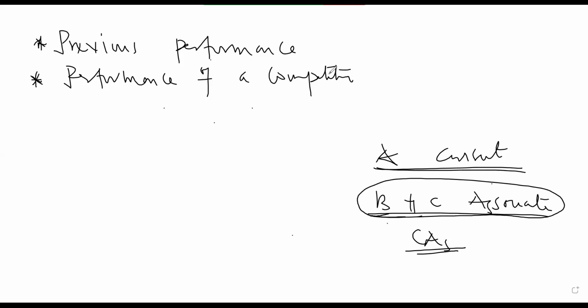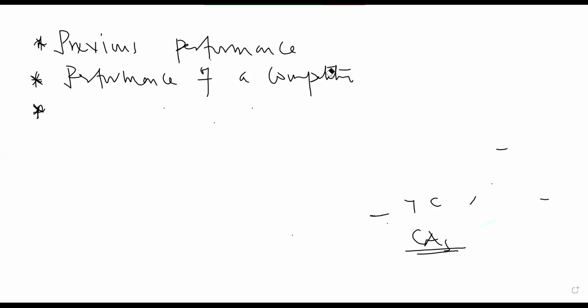Okay, what again can we use? Based on the firm's capacity. So we can also set a standard based on the firm's capacity. Whatever standard you are going to be setting, you are going to be taking into consideration the capacity.